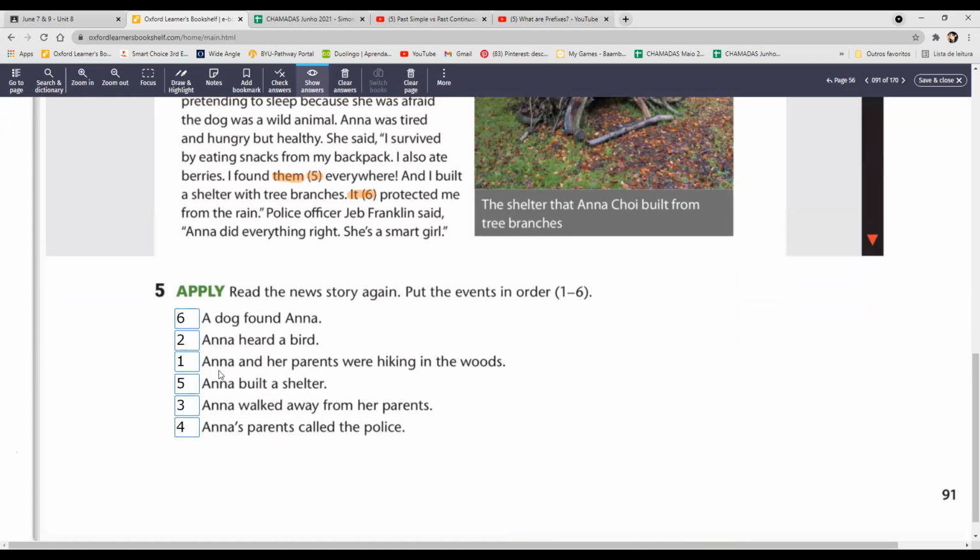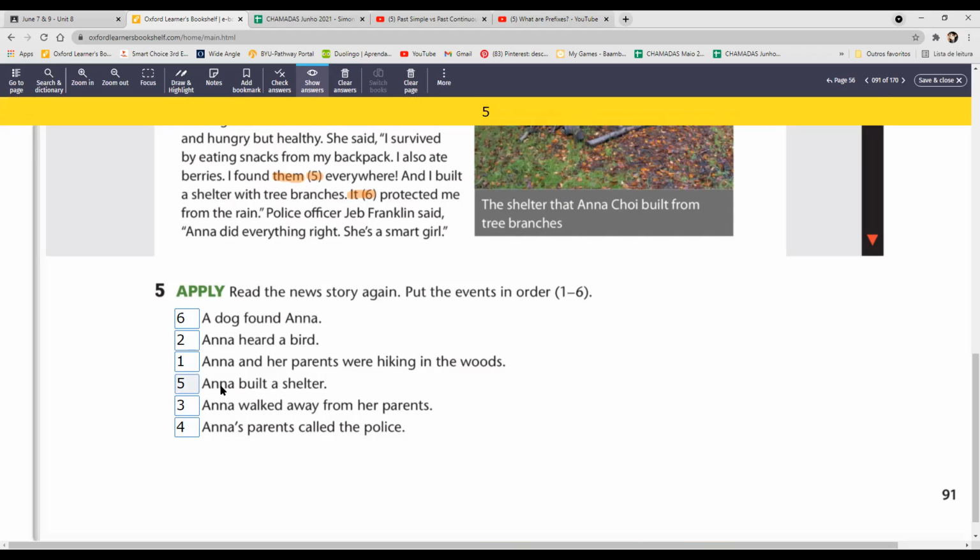So the first event, Anna and her parents were hiking in the woods. Okay, then Anna heard a bird. Number 3, Anna walked away from her parents. Then 4, Anna's parents called the police.